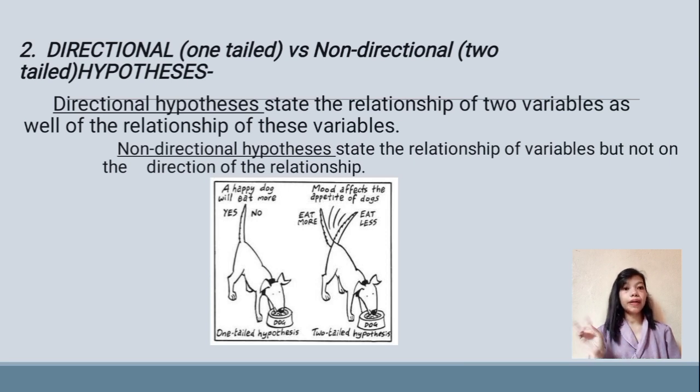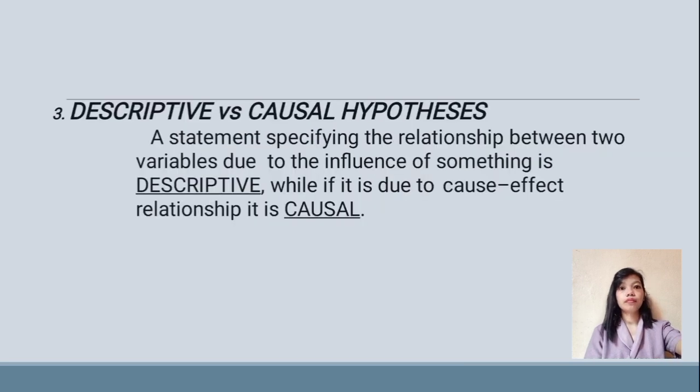So there are two possible answers to that, whether the dog will eat more or whether the dog will eat less because of the mood that affects the appetite of the dog. So the third and the last one is the descriptive versus causal hypothesis.